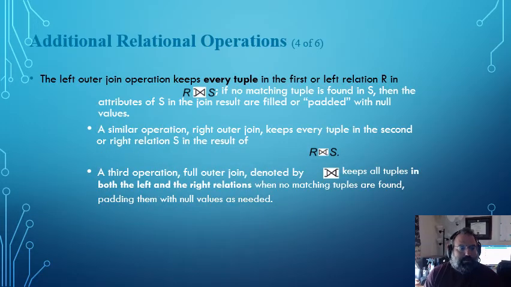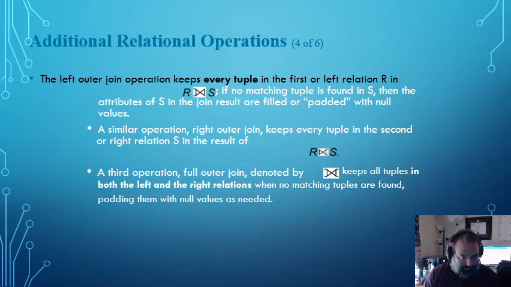The left outer join operation keeps every tuple in the first, or left, relation R in R ⟕ S. If no matching tuple is found in S, then the attributes of S in the join result are filled, or padded, with null values. A similar operation, right outer join, keeps every tuple in the second, or right, relation S in the result.